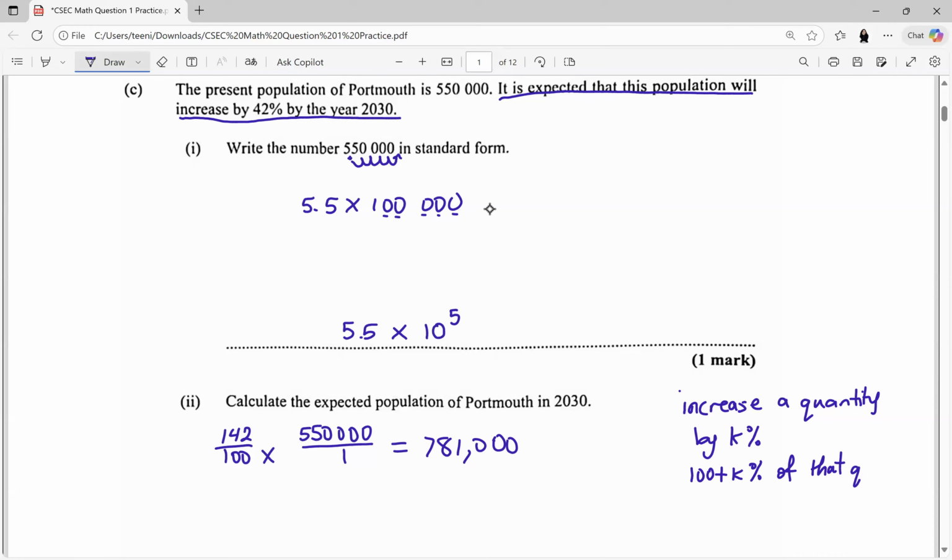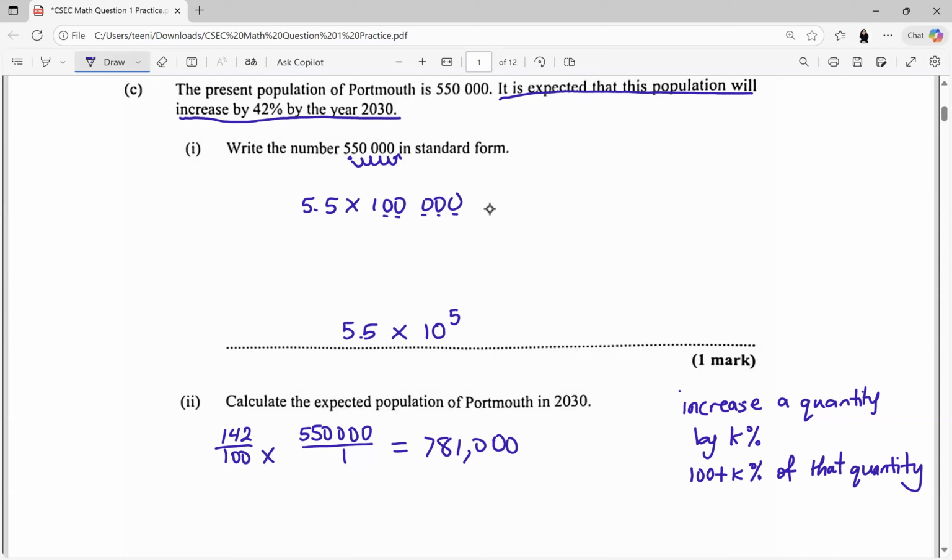So in this case, we want to increase 550,000 by 42%, so K is 42. To find what the total value would be after it has been increased by 42%, a simple way is to say 100 plus 42 over 100 times the original amount, right?